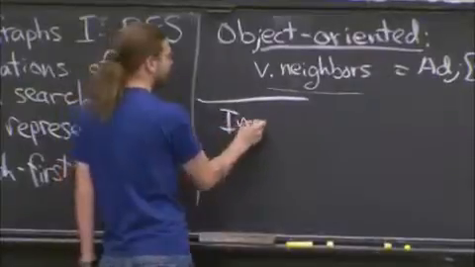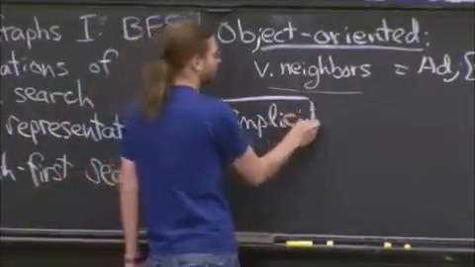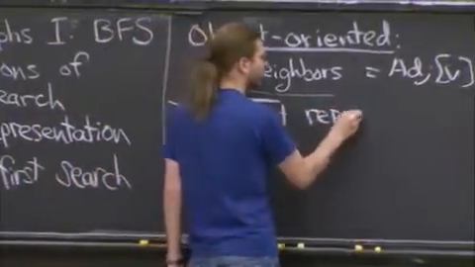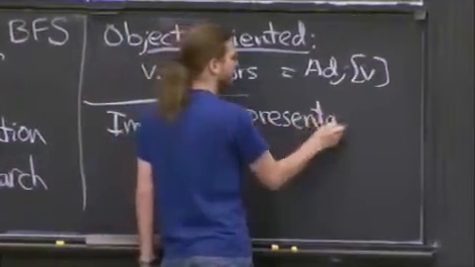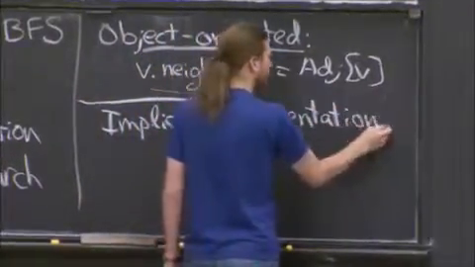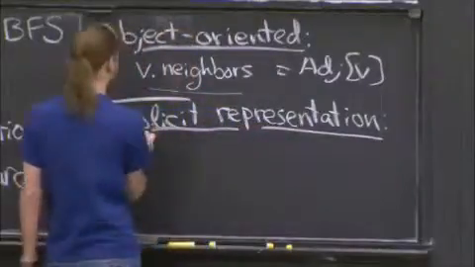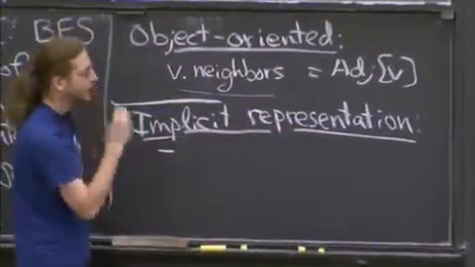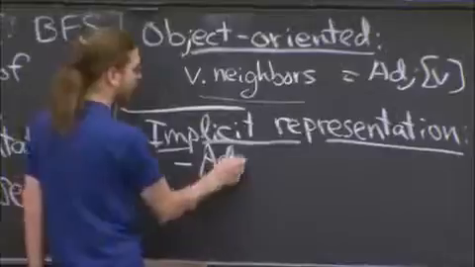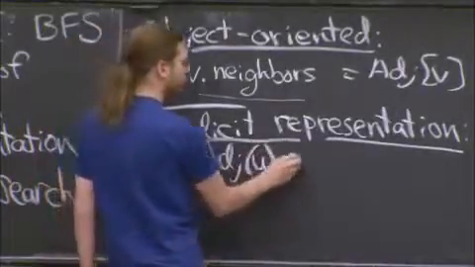You can also do implicitly represented graphs. Which would be to say ADJ of u is a function.